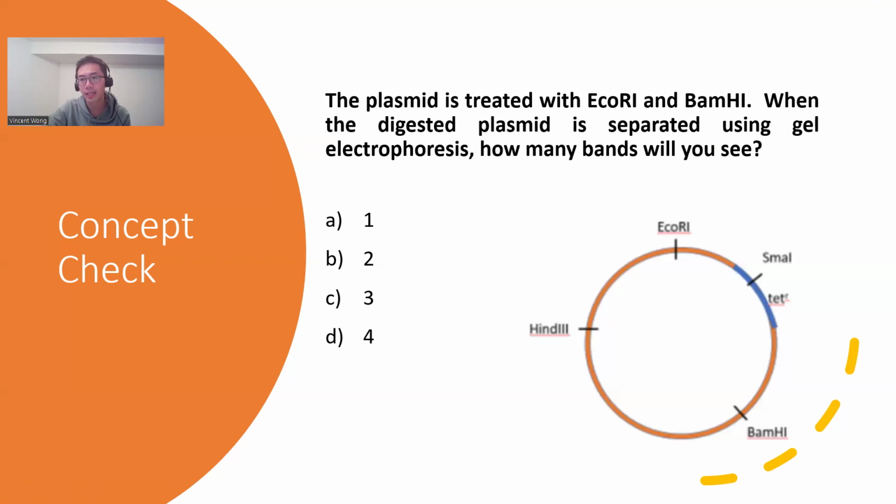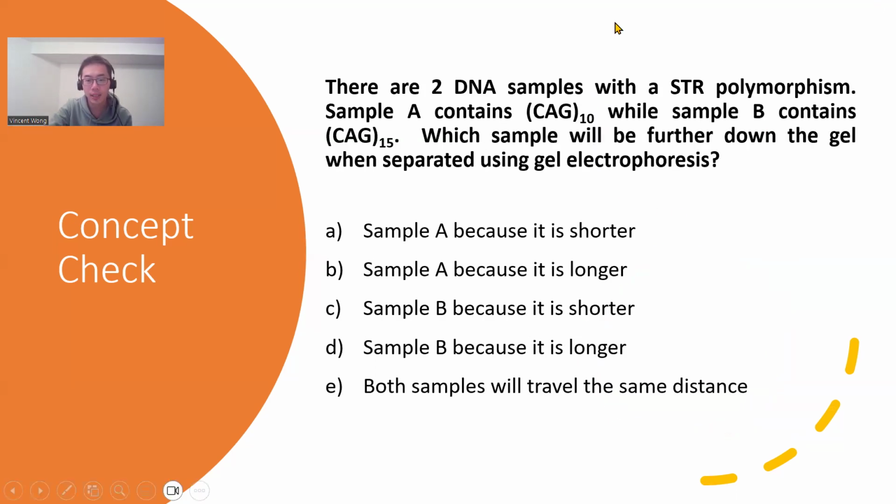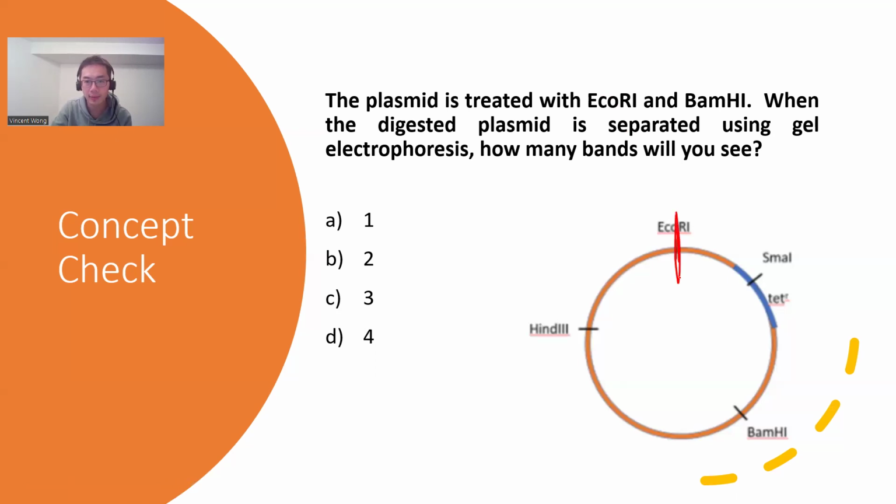How many bands are you going to see? You can try this with an elastic band if you have a hard time visualizing it. Okay. So EcoRI is going to cut it right here, and BamHI is going to cut it right here.